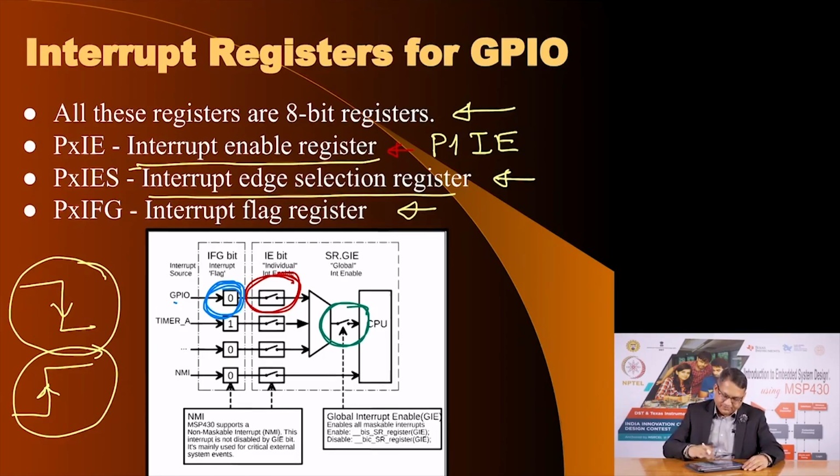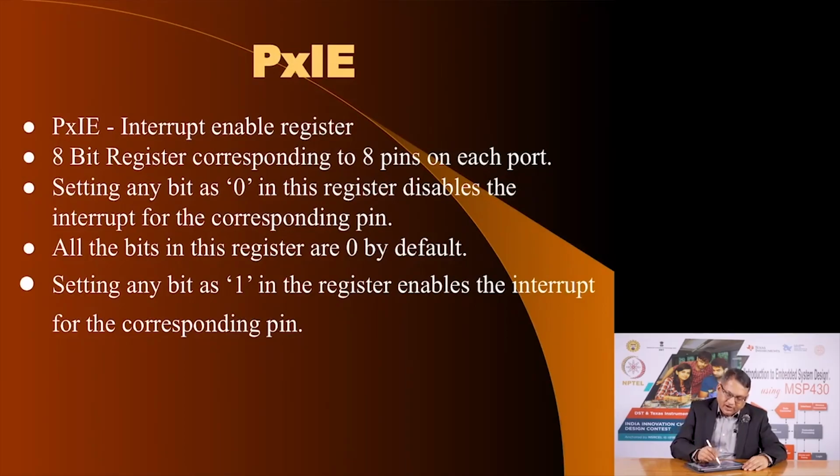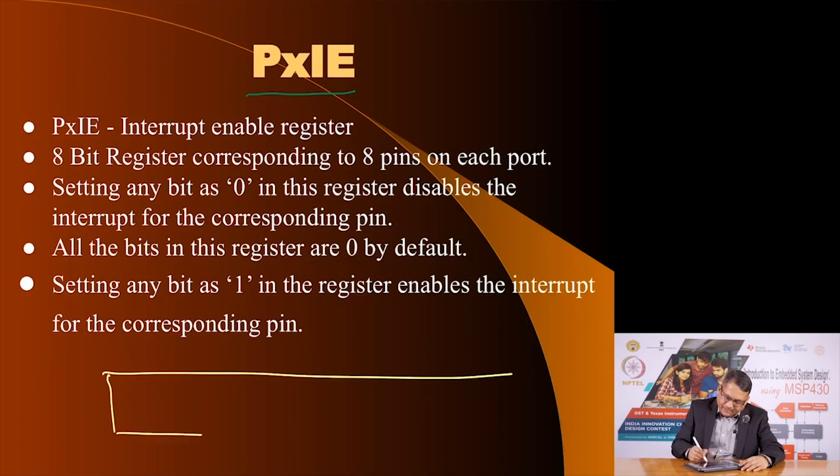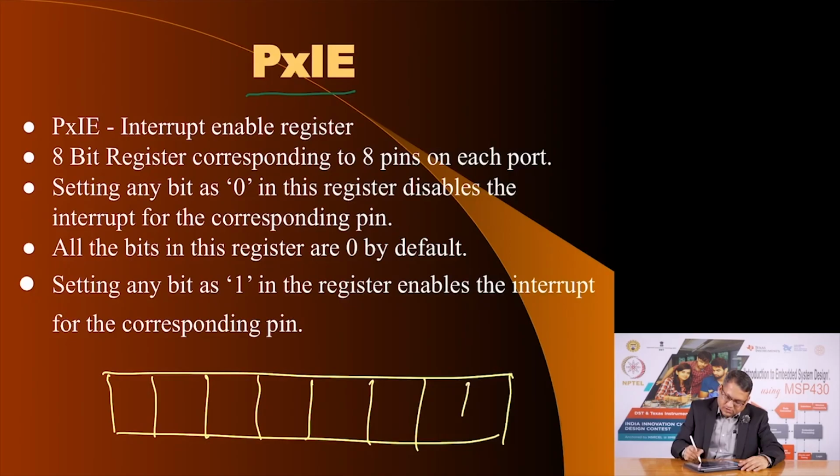Let us proceed forward. Now, P1IE, that is port 1 interrupt enable. This is an 8-bit register corresponding to the 8 pins that you have for port 1. If you want to enable interrupt on any of the pins, you must write 1 in that bit. So, let me draw the 8 bits here. This would be your P1IE, this is bit 0, this is bit 7.